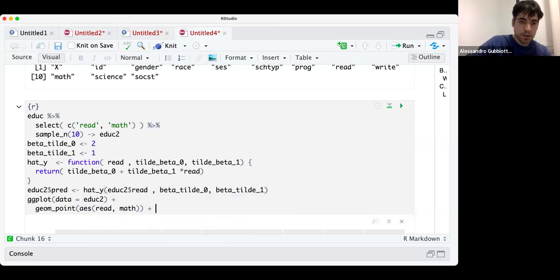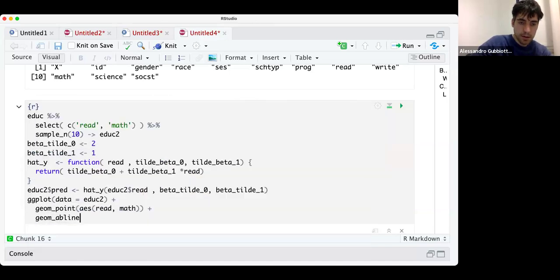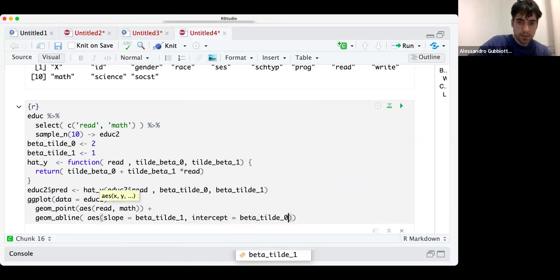And we plot also geom_abline, the line with slope equal to beta tilde 1 and with intercept equal to beta tilde 0.